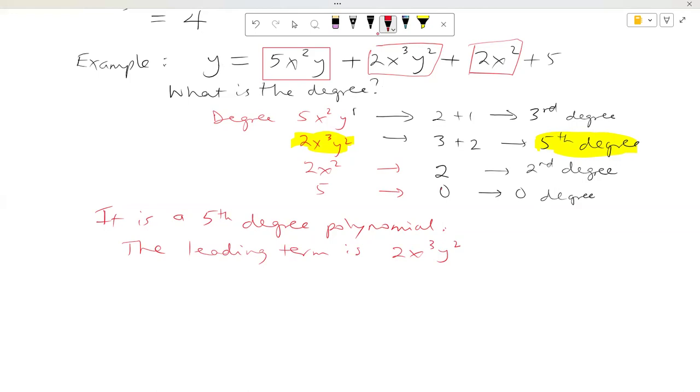Now, what will be the leading coefficient? The leading coefficient is going to be the number in front of those variables, which is 2 in this case. So the leading coefficient is 2.